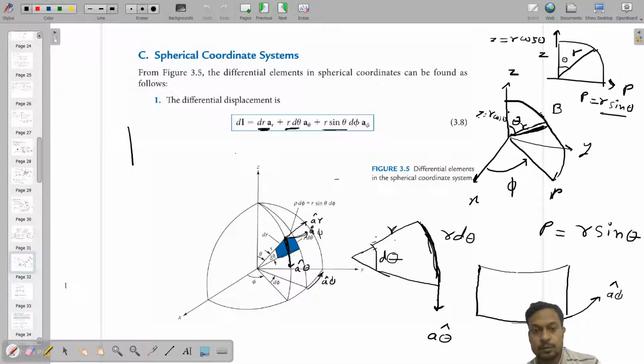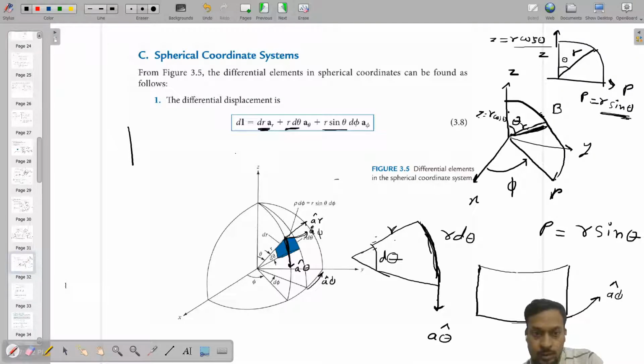So from this diagram, z is the r cos theta component, and rho is the r sin theta component at point P. So we consider this surface at the xy plane.